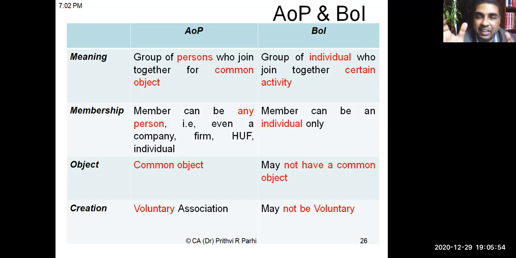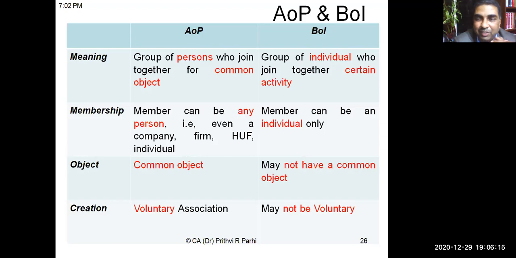Let us say the court has decided that Mr. X and Mr. Y will jointly pay compensation, or Mr. X and Mr. Y are jointly liable to pay tax. They don't have any association, but an outside agency, let's say the court, is combining them.